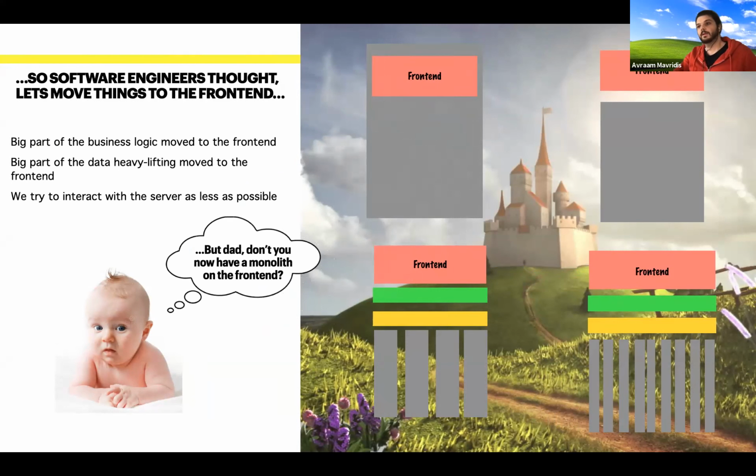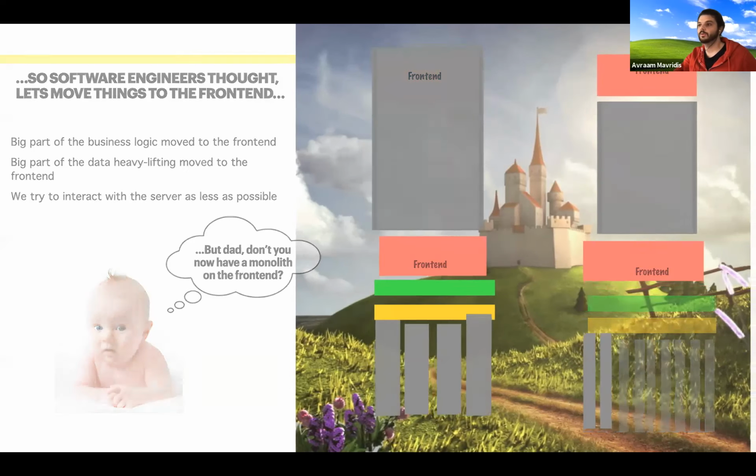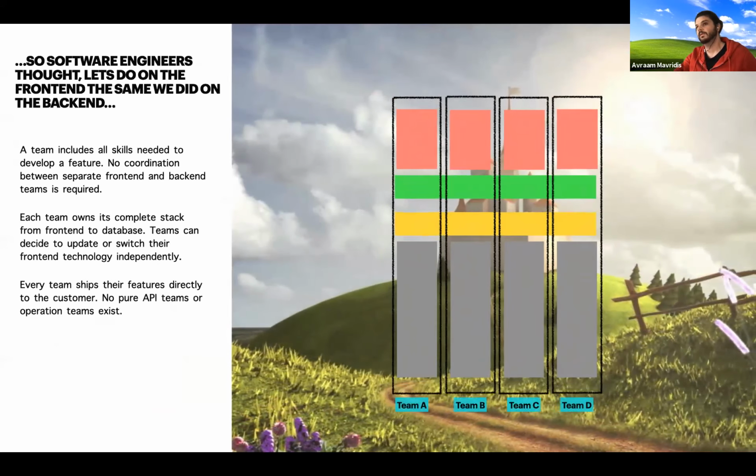And then my son asked me, but now you have a monolith on the front end, don't you? And actually, that's correct. So what we thought was, let's do the same on the front end. Let's split things there as well.